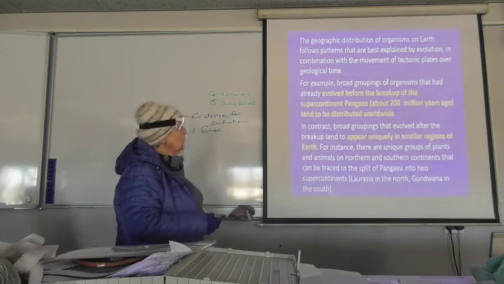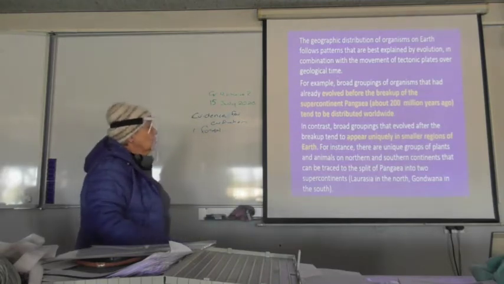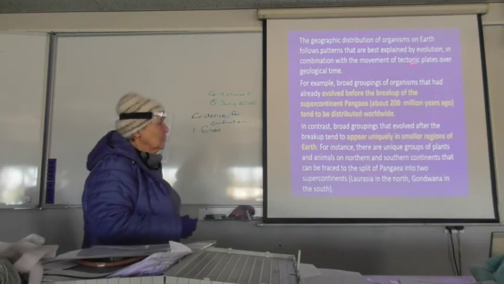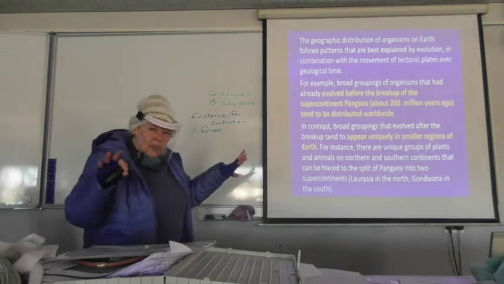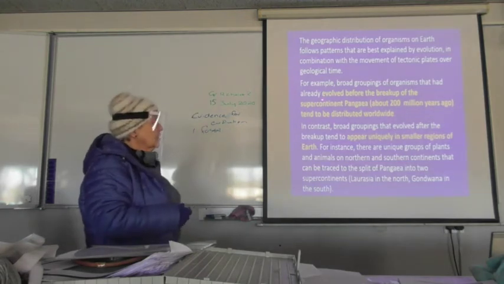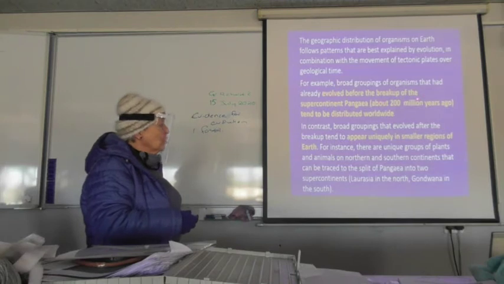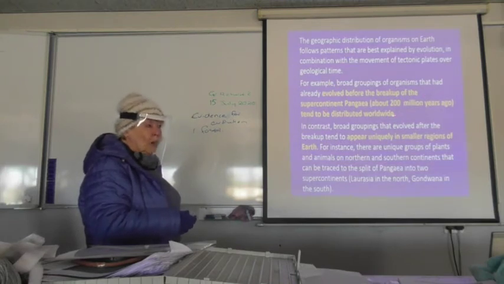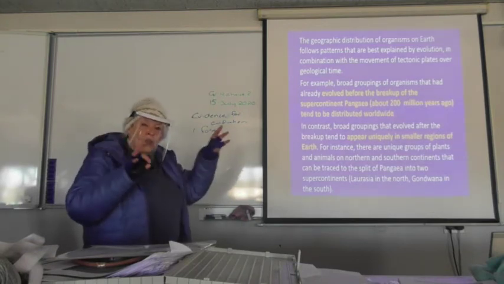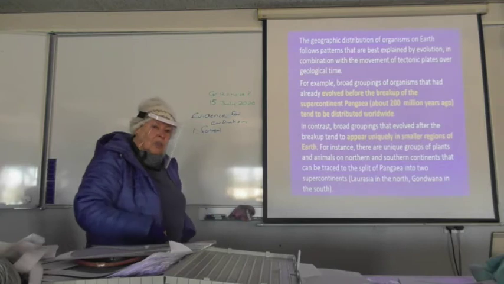So this shows the geographic distribution of organisms on Earth follows patterns that are best explained by evolution in combination with the movement of tectonic plates. Broad groupings of organisms that already evolved before the breakup of Pangea tend to be distributed worldwide. But things that have evolved since then are unique to the areas in which they evolved.